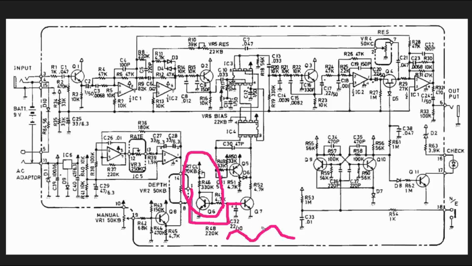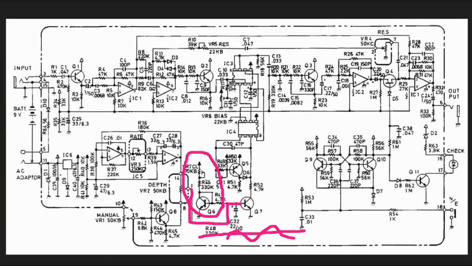Okay, so if we were to think about it, our LFO runs through some level, which is this straight line, and what this voltage level is that our LFO oscillates about is going to be determined by the setting of VR7 here.